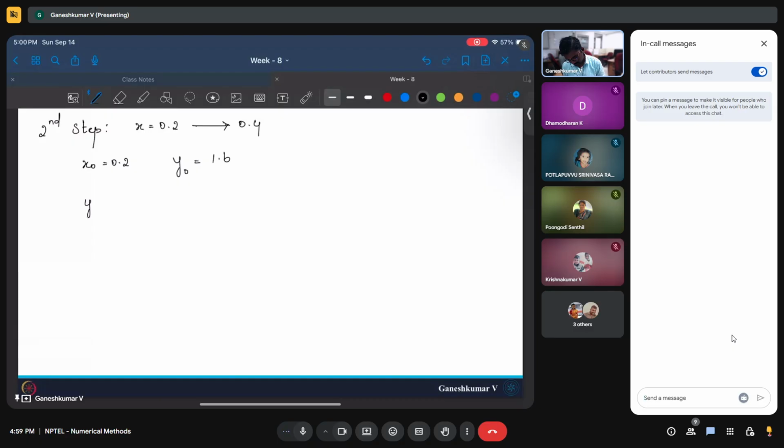So you can write y at 0.4, which is y1 equal to y naught plus h f of x naught comma y naught, where x naught and y naught are different now. This is equal to 1.6 plus again h is 0.2, and the function is minus 2 into y naught, y naught is 1.6, minus cos 4 times x naught, x naught is 0.2.